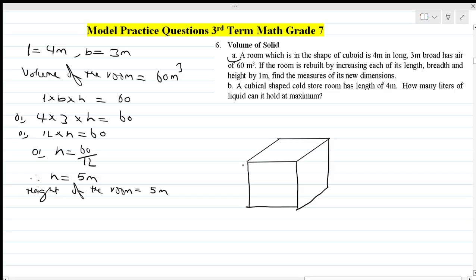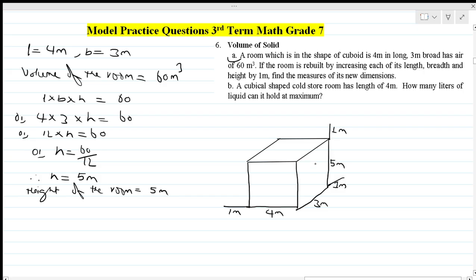Its length, breadth, and height we have found: length is 4 meter, breadth is 3 meter, and height is 5 meter. Each of these sides is increased by 1 meter on one side. So here an increase of 1 meter in length, 1 meter in breadth, and 1 meter in height, and a new dimension is formed.